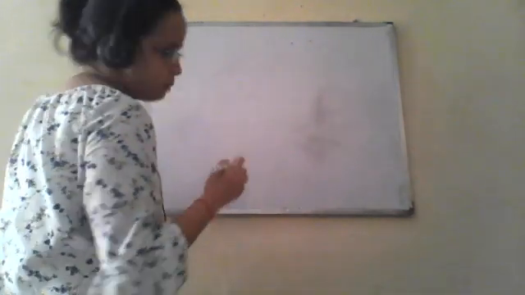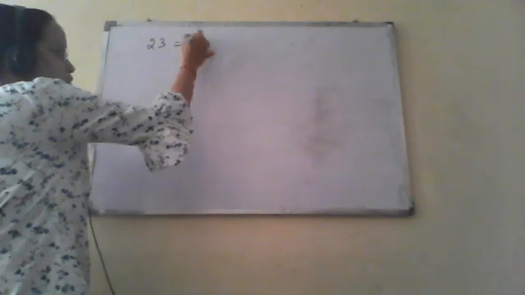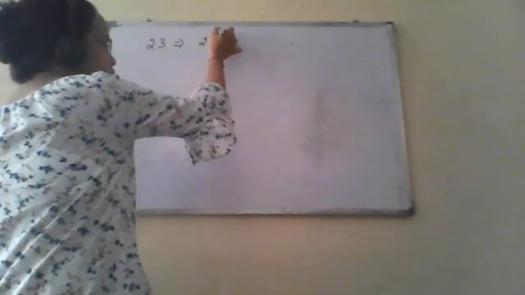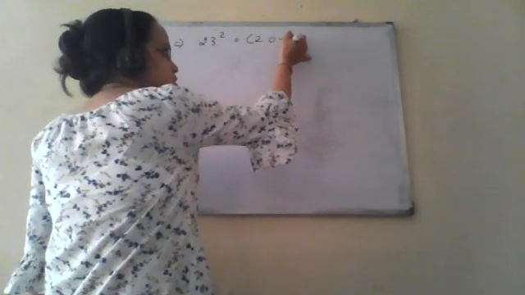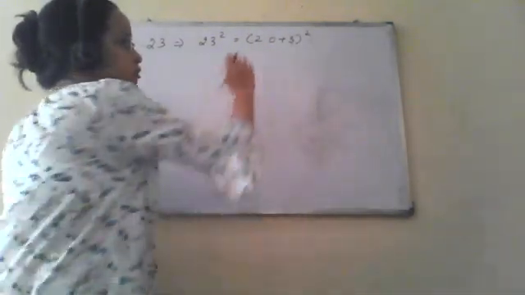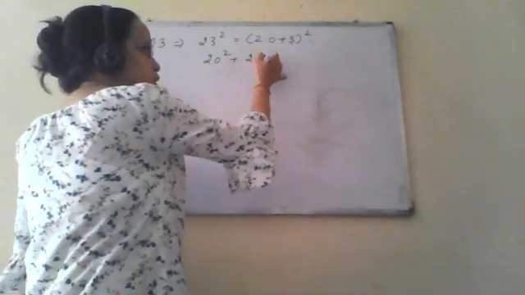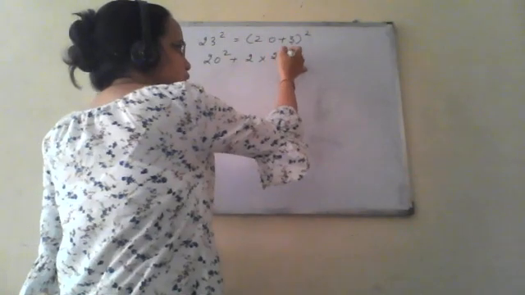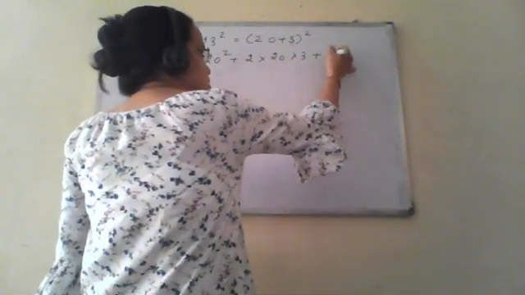Now we'll take more examples. Like we have 23. We have to find the square of 23. So that is 23 square. This 23 can be written as 20 plus 3 whole square. Now we have (a plus b) whole square. We have a square, that is 20 square, plus 2ab, that is 2 into 20 into 3, plus b square, that is 3 square.